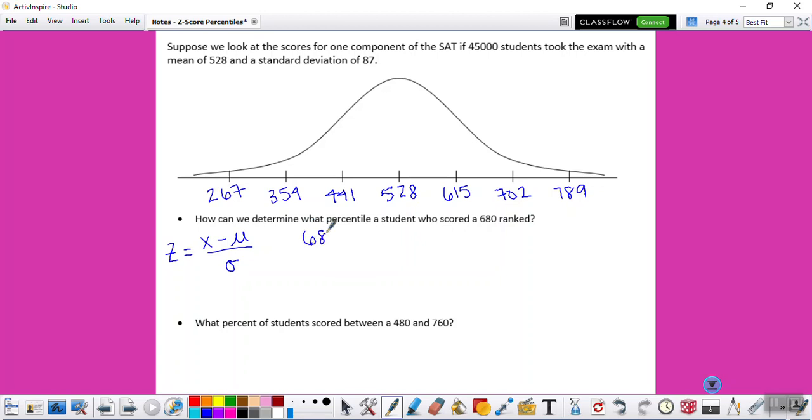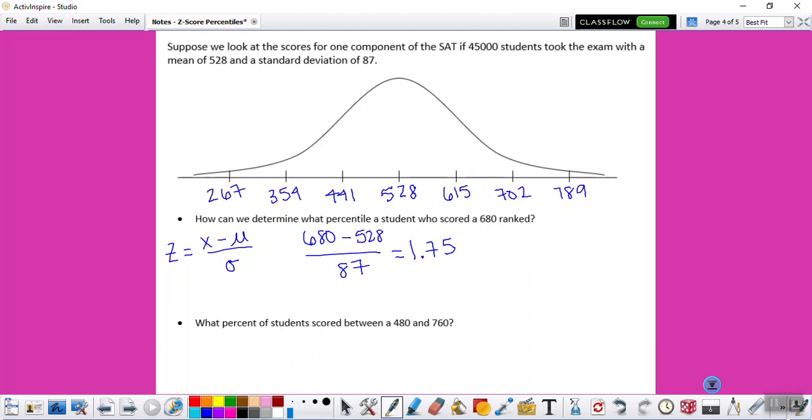So we'd have 680 minus 528 divided by 87. And if we round to 2 decimal places, we would get 1.75. So it's 1.75 standard deviations above the mean.